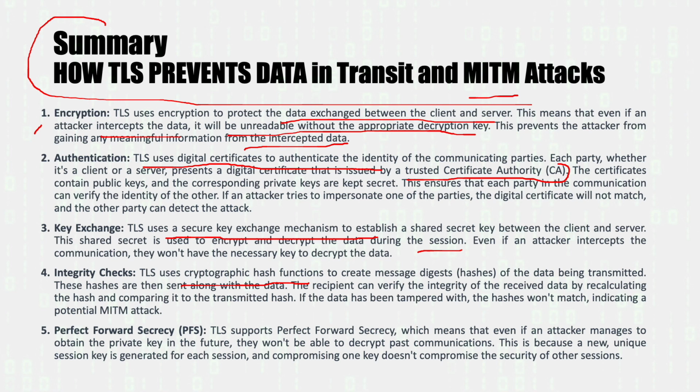From the hash you cannot generate the data back. If the data has been tampered with, the hashes won't match, indicating a potential man in the middle attack. Which means if the data is modified and the cryptographic hash does not match the data, that would clearly indicate that the data has been modified and the integrity check will fail. Thereby, the client or the server will reject the data.